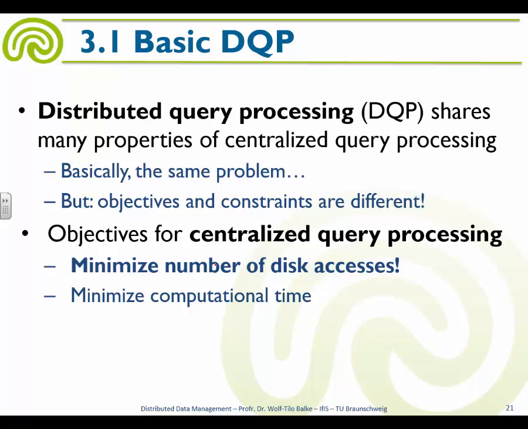And the main objective that we saw in classical query processing is minimizing the number of disk accesses, right? Reading from disk is slow, while computing in the main memory is very fast. I would rather compute 100 operations more than go one time to the disk and read something, because everything you do in main memory takes nanoseconds.